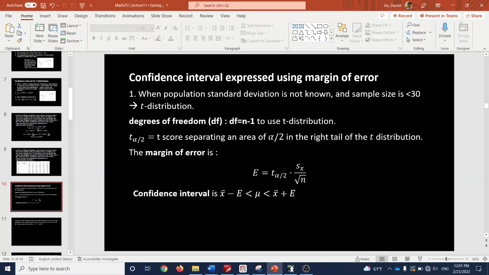So at least one of the lower estimate or the upper estimate will be closer to the population mean than this margin of error, right? So the margin of error is like the radius of the confidence interval. That's what it is.